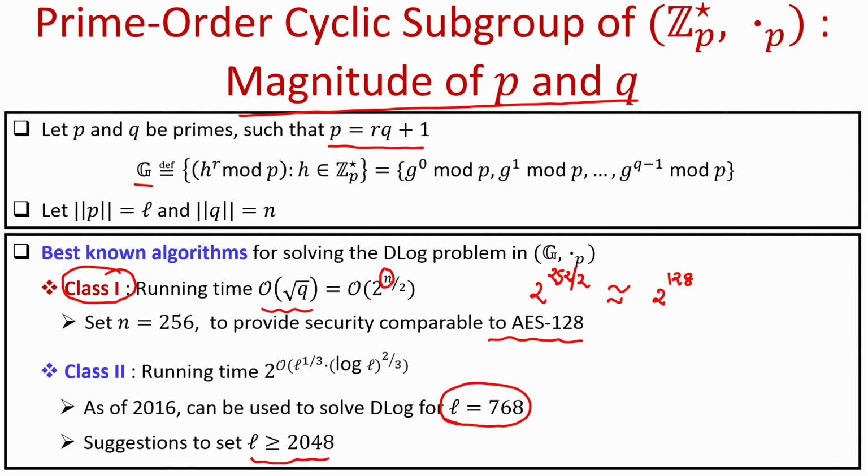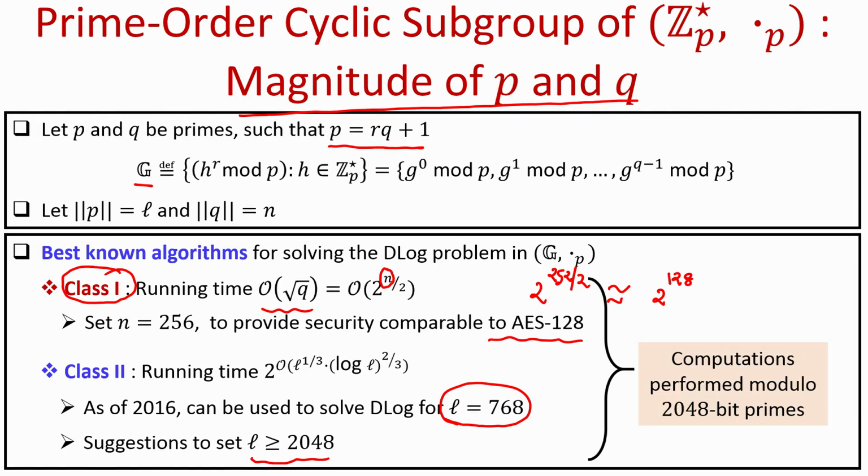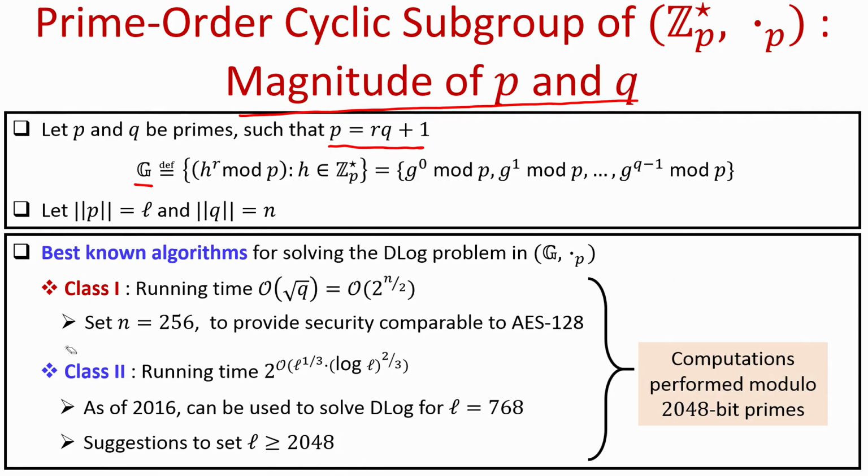That means, to summarize, to tackle the class 1 and class 2 algorithms for solving the D-log problem in these cyclic subgroups, and to ensure that the running time of the adversary is sufficiently large, we have to perform computations modulo 2048 bit prime numbers.